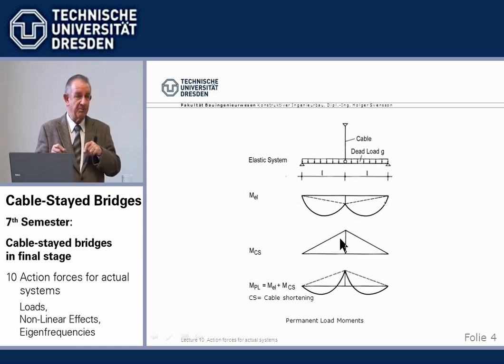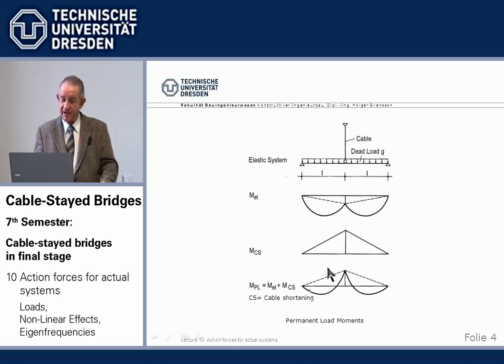We give the command to the computer, shorten the cables by a certain amount. And then we define the cable shortenings in such a way that we end up with a run of moments which is identical with those moments we would achieve if we had a rigid support here at the cable anchor point. Again, the rigid support.